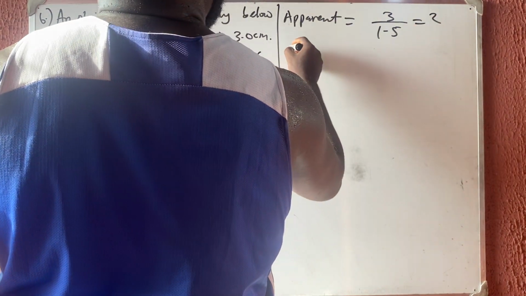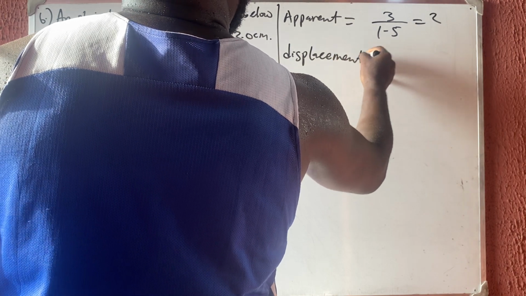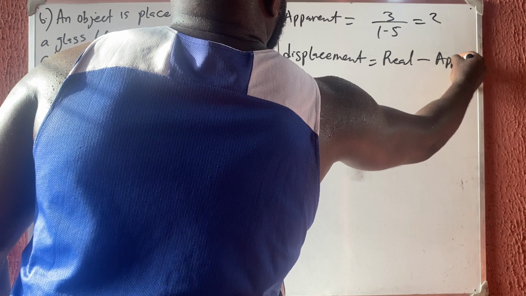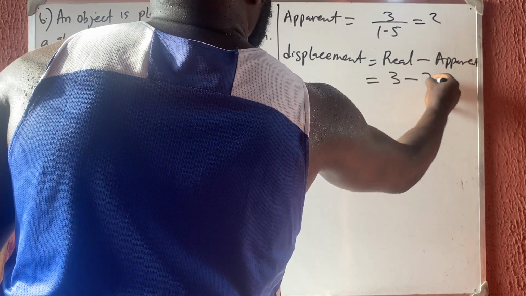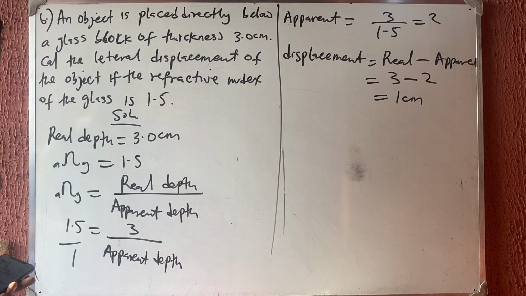But they say we should calculate displacement. I told you that displacement is simply the real minus the apparent, which is 3 minus 2, which is 1 cm. So 1 cm is the correct answer. So we move to the next question.